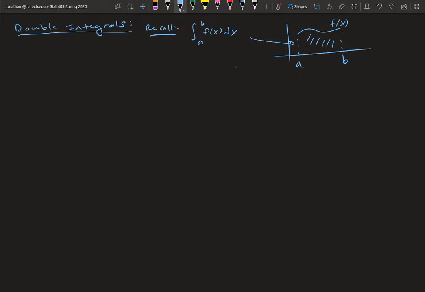Well, now a double integral over some region R of f of x y dA is going to represent the "volume", and put that in quotes, volume under a surface.